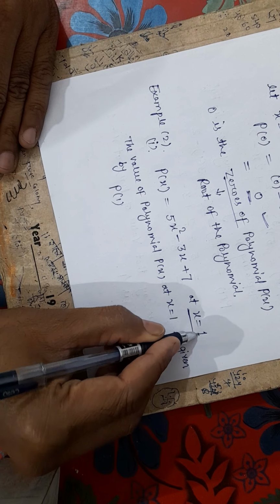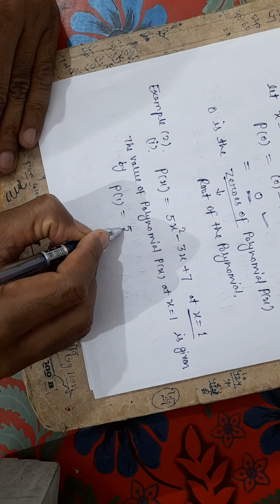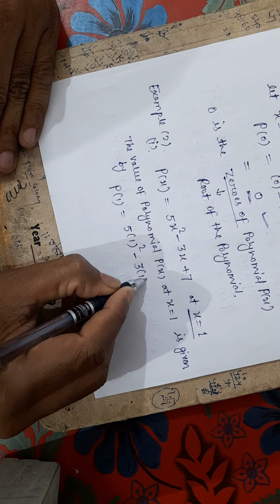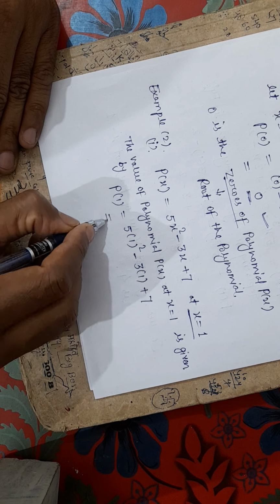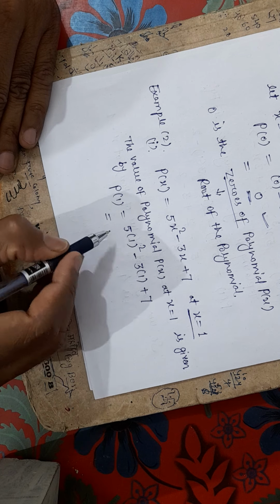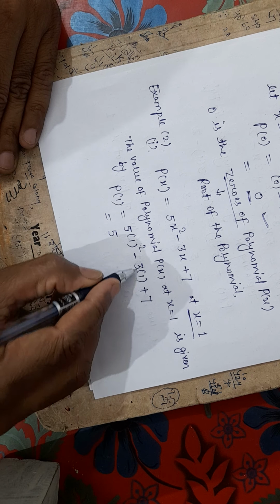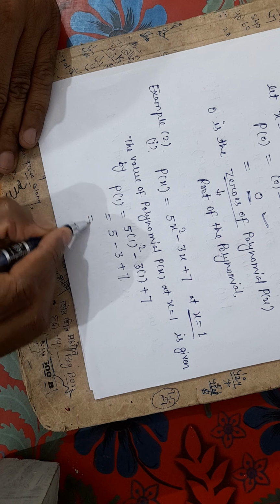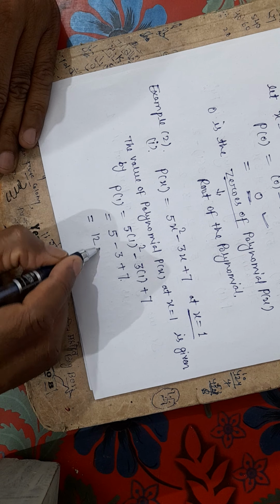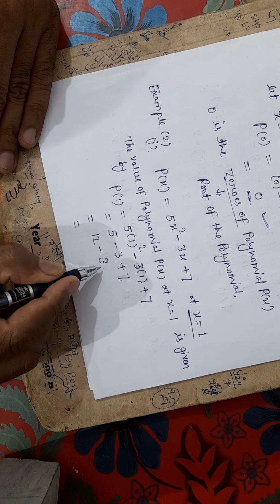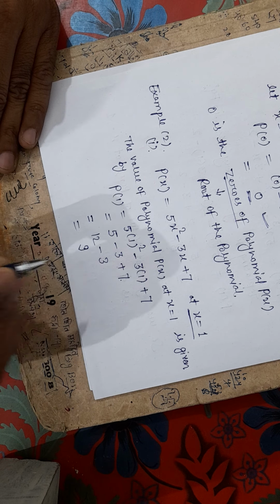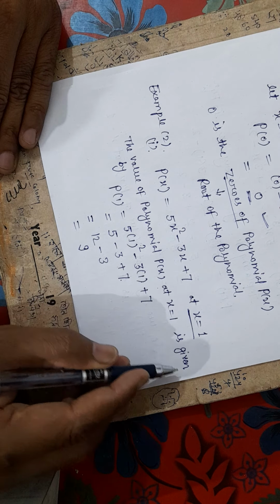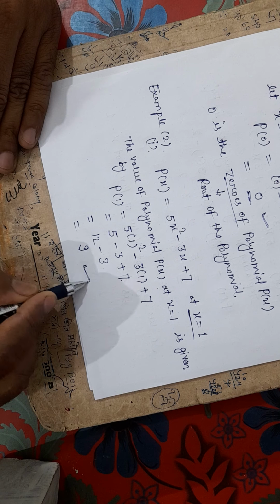According to this, 5 times 1 exponent square minus 3 times 1 plus 7. 1 ones are 1, and 1 fives are 5, 3 ones are 3, plus 7. 7 and 5 make 12, subtract 3, 12 minus 3, the value is 9. So the value of polynomial p(x) at x equal to 1 is equal to 9.